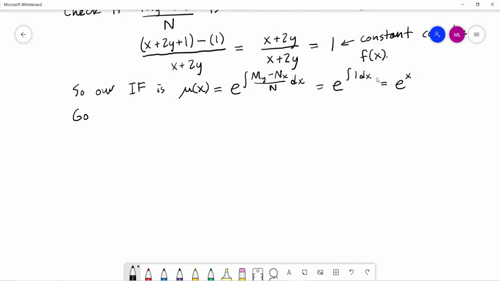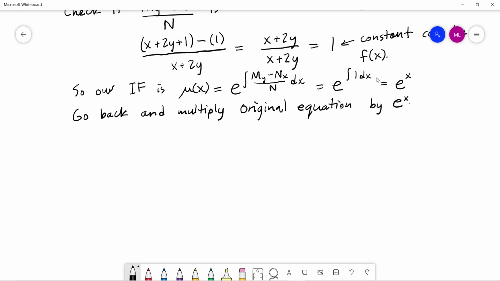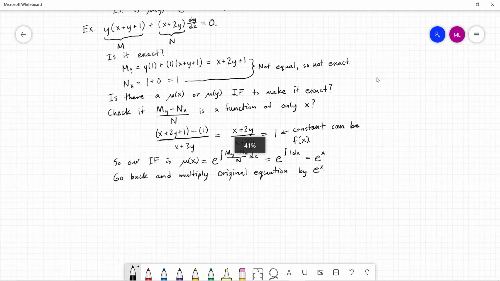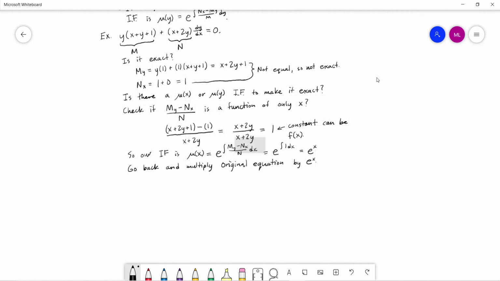So go back and multiply the original equation by e to the x. And I don't remember what our original equation was, so I'm going to zoom out so I can see it. But we just need to take this whole equation multiplied by e to the x.